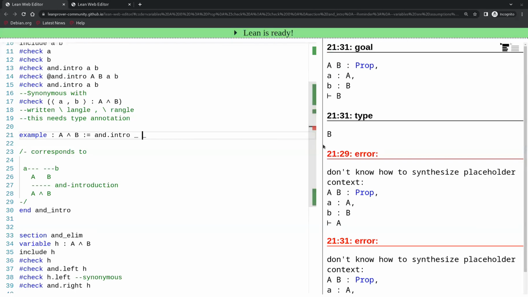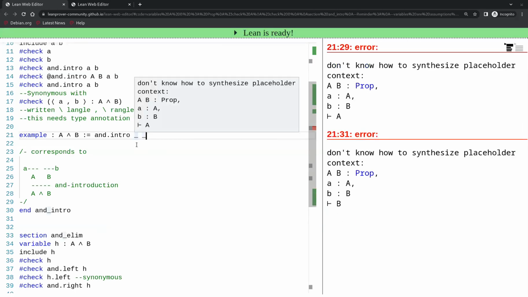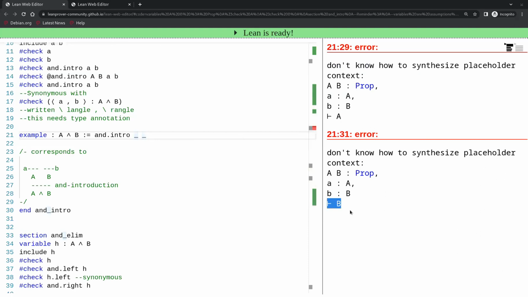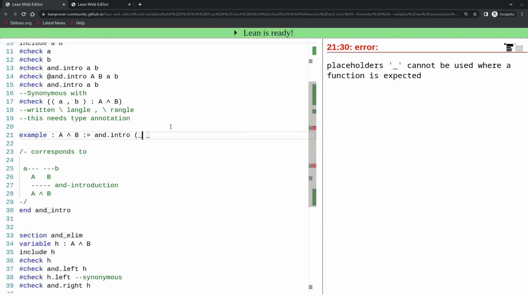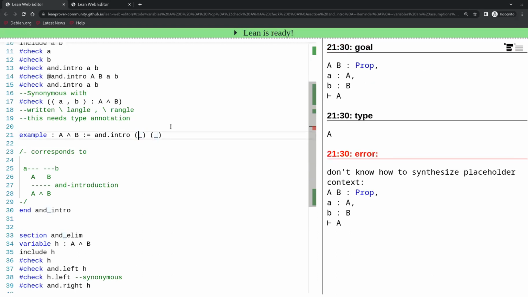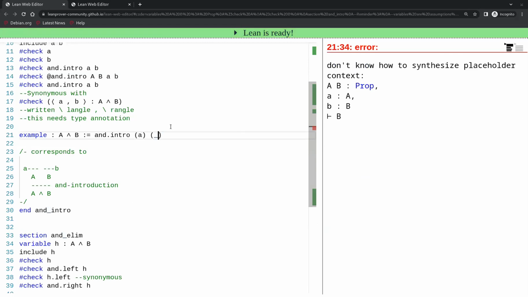So instead of needing to prove A and B, we now need to prove A and B in two separate goals. So we can put these here in parentheses. Typically, these proofs will be longer, and for this underscore here we will possibly have to insert a very long proof. Here it's very easy because we have a proof tiny a of A, so we can just add a here.